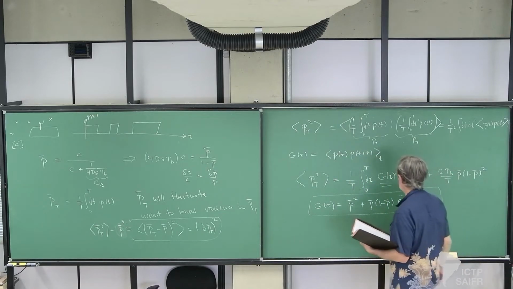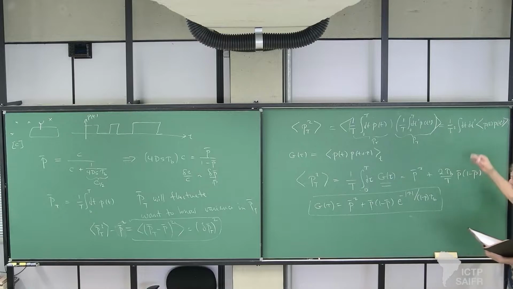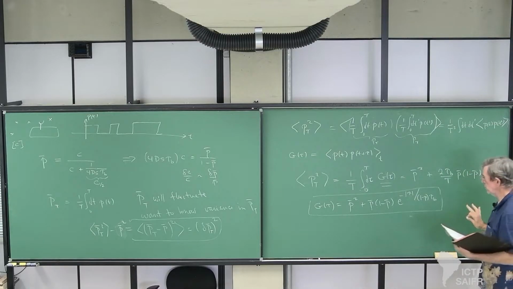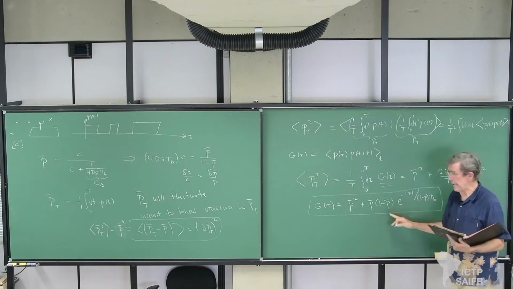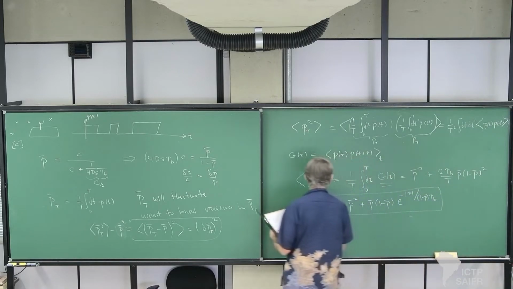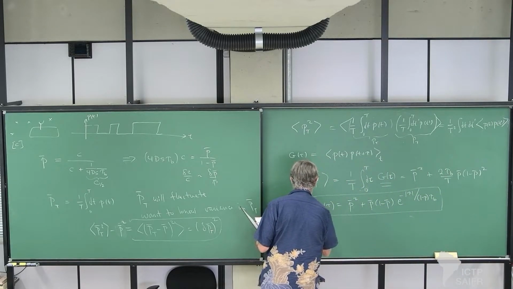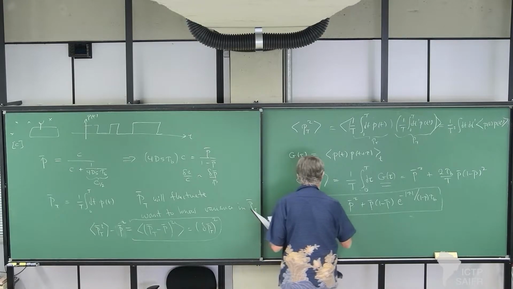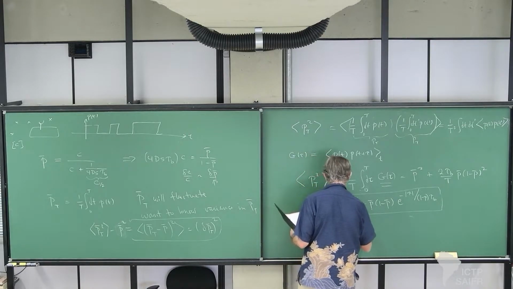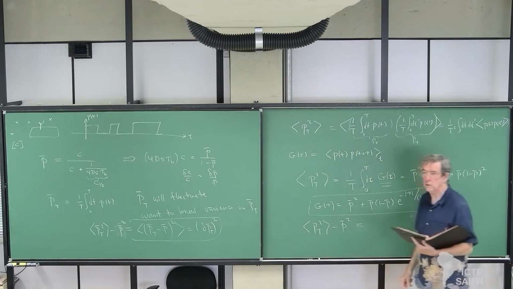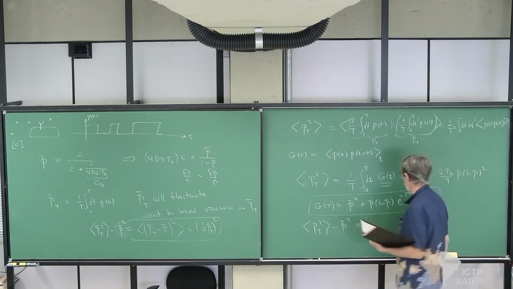Okay, so this is a long song and dance to get us to a simple answer in the end. And the simple answer is p_t squared minus the true answer, if you integrate forever. This is the variance. This is the thing that's going to be our problem.